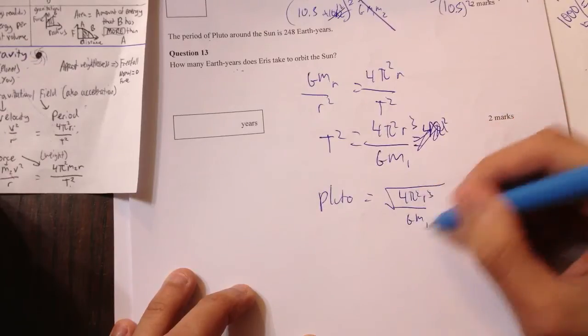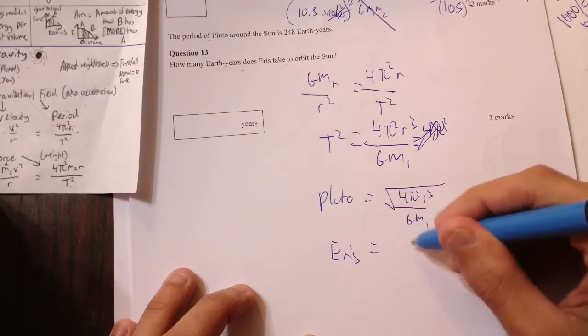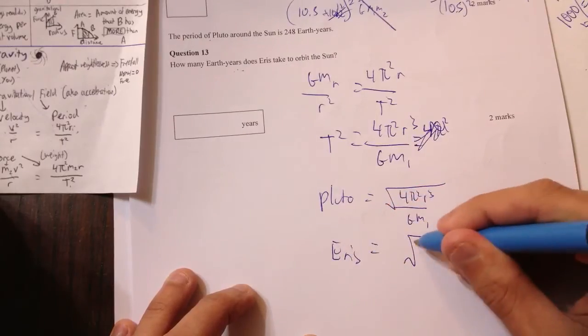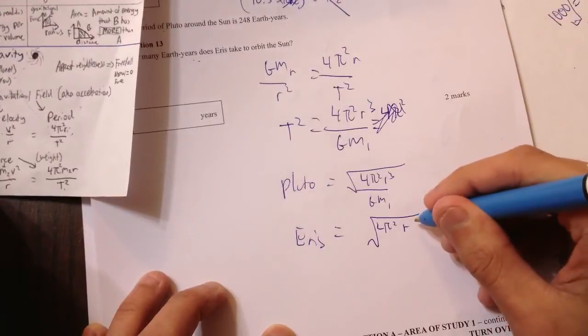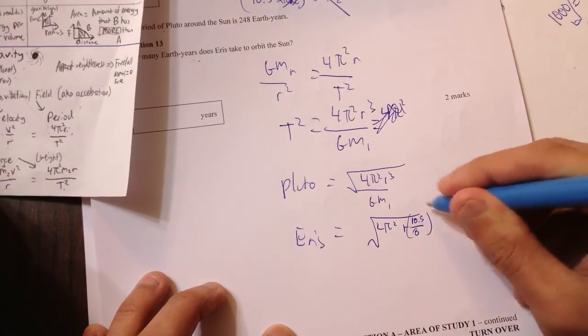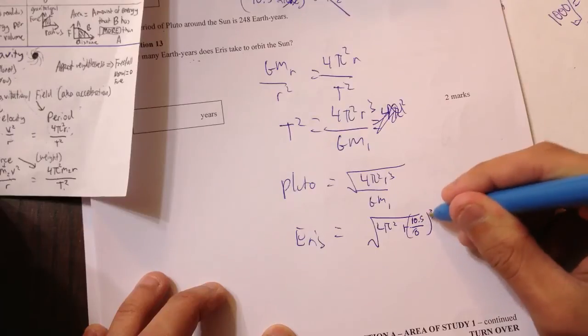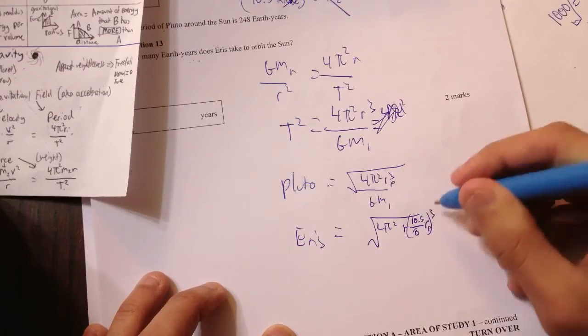So the regular one. And now if we want Eris, this equals square root of 4 pi squared. But now the ratio, we have the ratio of the radiuses. Eris is 10.5 on 6 times Pluto's radius. So we can replace r with that, Pluto's radius. This is radius of Pluto.